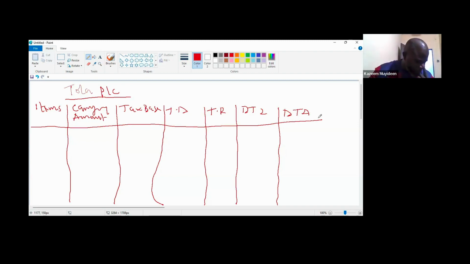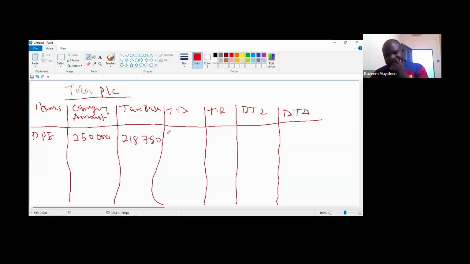I will now start. Item 1, they gave us PPE. And they've given me the carrying amount of the PPE to be 250,000. And the tax base is 218,750.